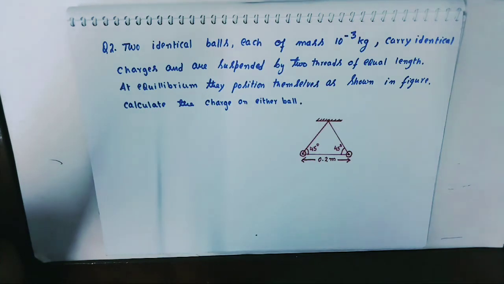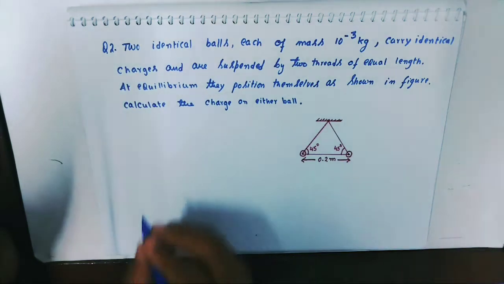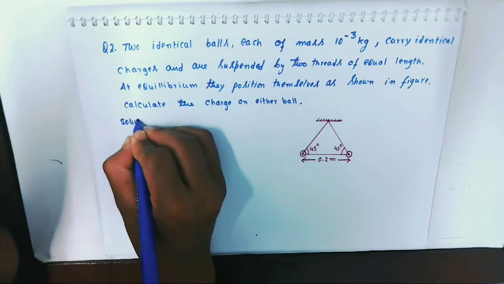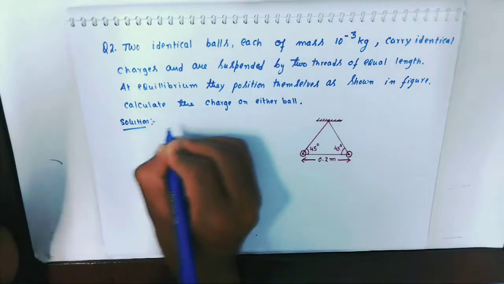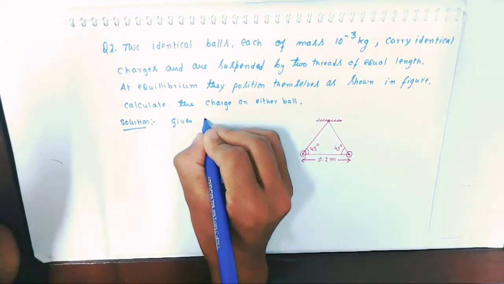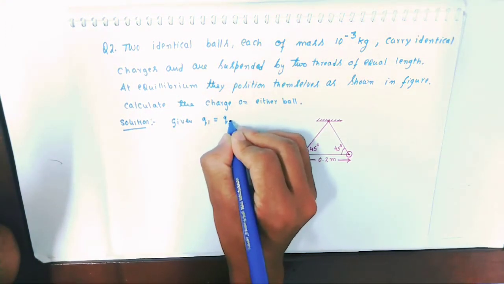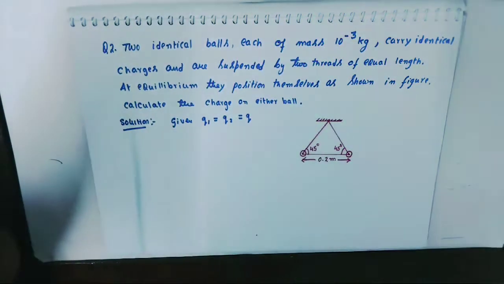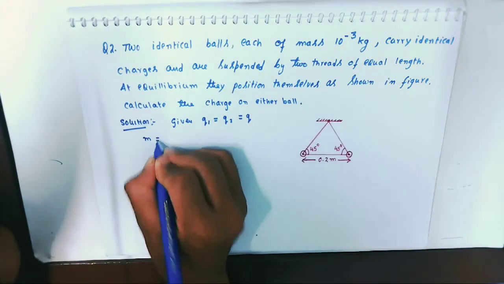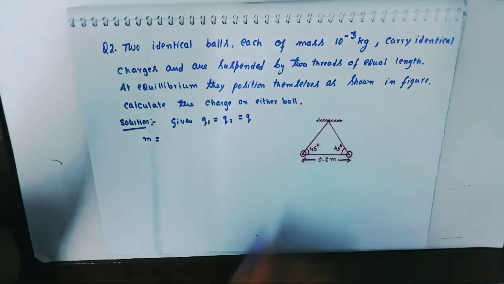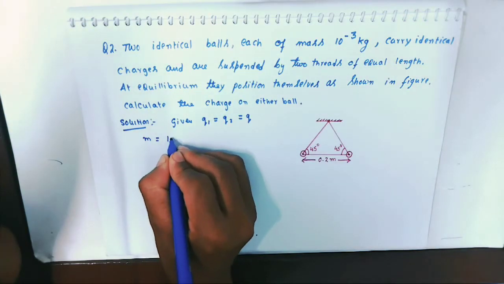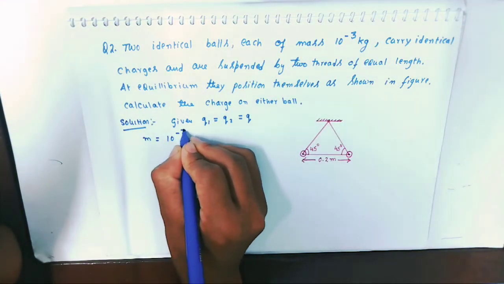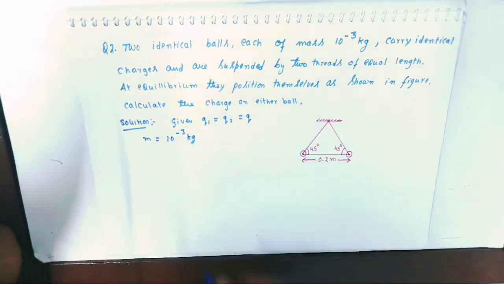The question says, calculate the charge on a ball. So here it is given Q1 equal to Q2, say equal to Q. The mass of any one of the balls is equal to 10 to the power minus 3 kg.